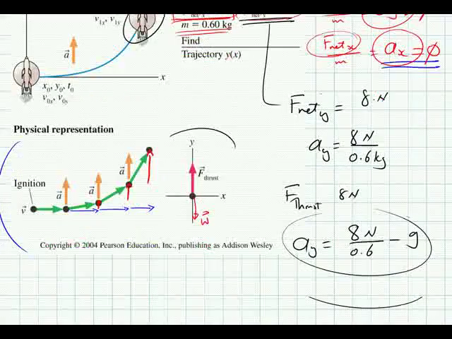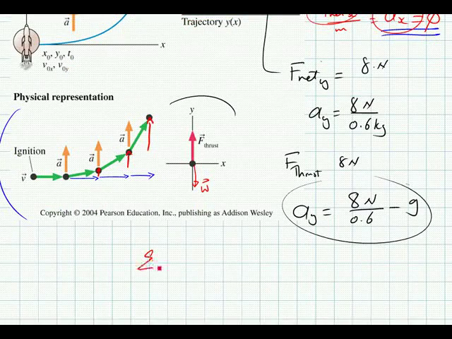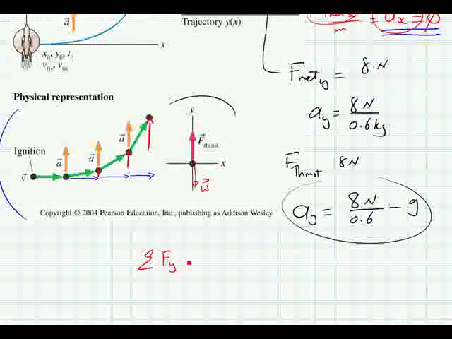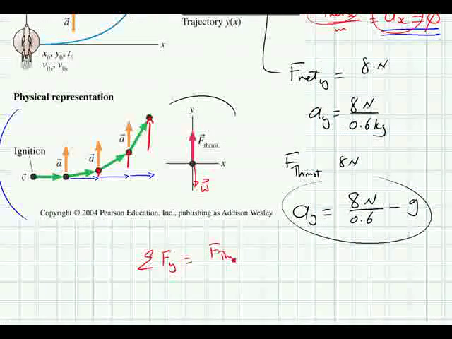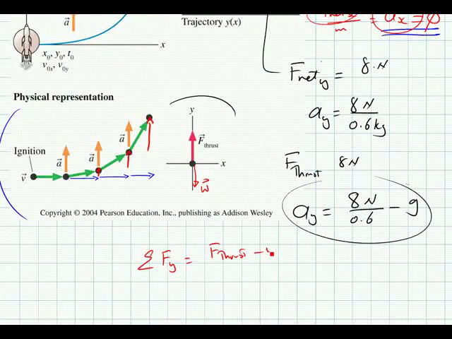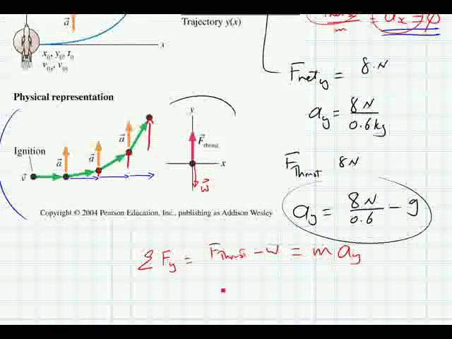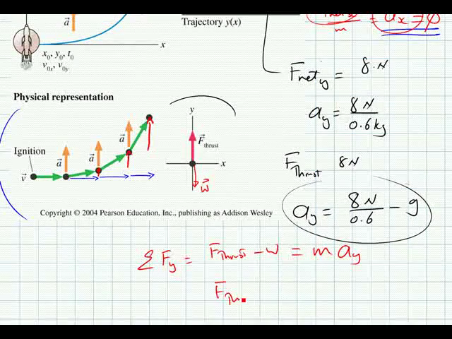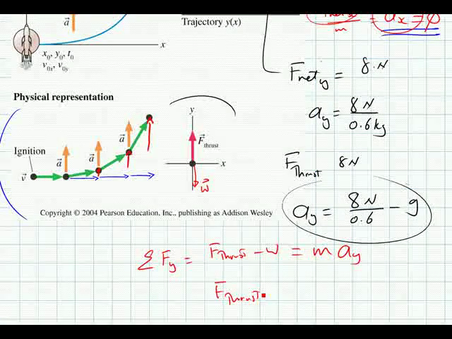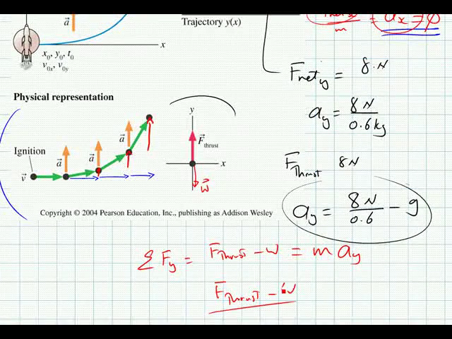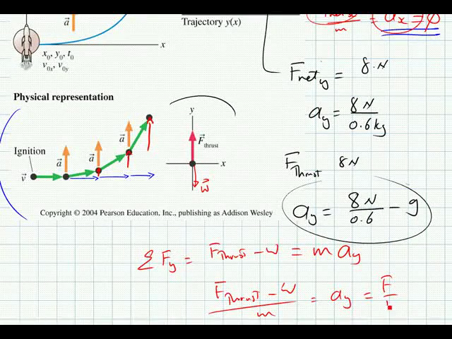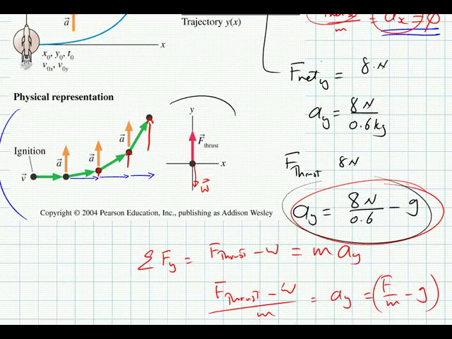So then one would write that the sum of the forces in the y direction is F thrust minus W, and that must equal the mass of the object times a_y, or F thrust minus W divided by m is equal to a_y, which is equal to, of course, F thrust divided by m minus g, which is what we have up here.